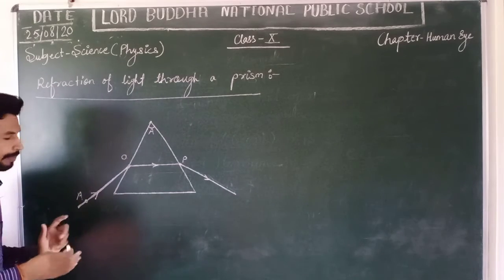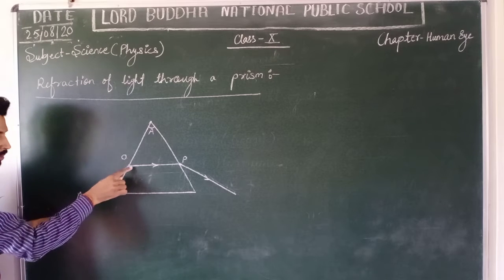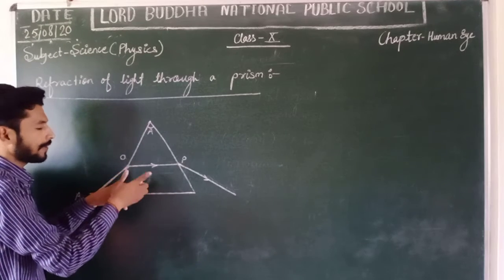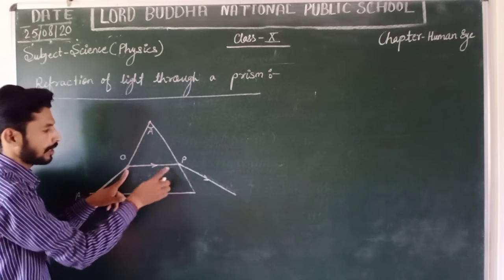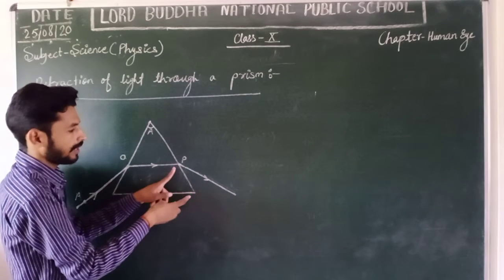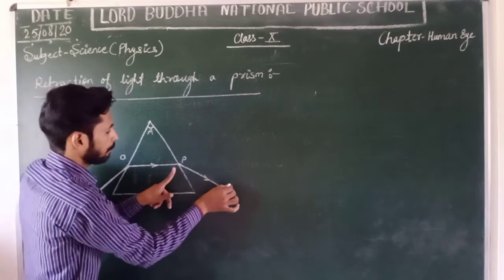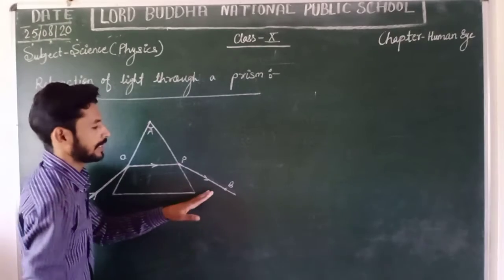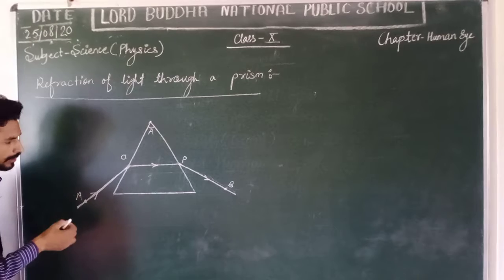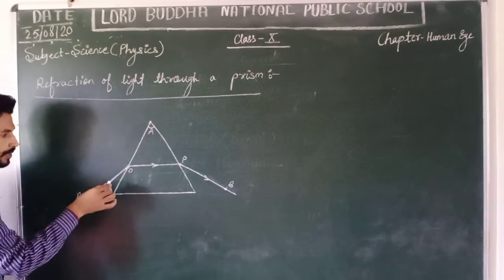So clear all the topics. The ray which strikes the surface of the prism is the incident ray, and the ray which is refracted is the refracted ray, which is OP, and the ray which passes outside the prism, suppose PB, is the emergent ray. There will be some angles.